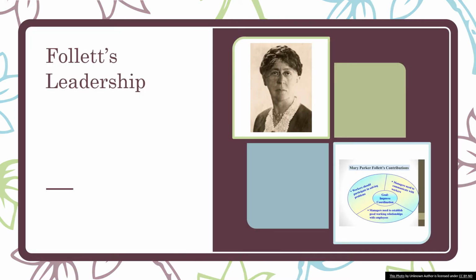Here on this slide, I'll be discussing Follett's leadership. Basically, I'm going to be giving a little bit of details of how Follett contributed to us. She gave us an approach to solve problems of power, authority, control, and conflict. So she went against the big bosses in a sense, but not too much.